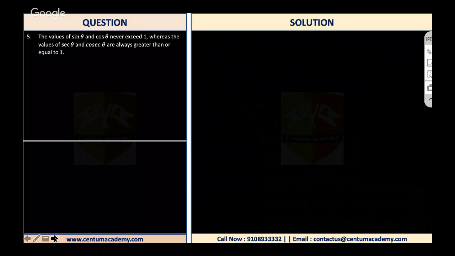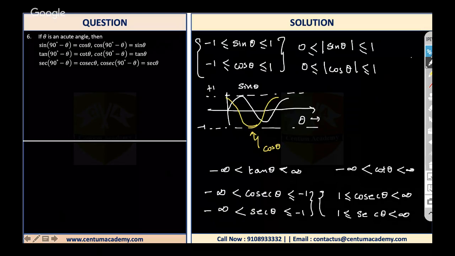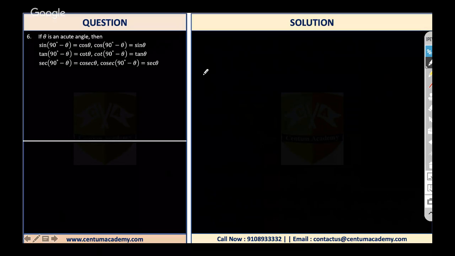Next is the complementary angle question. What is a complementary angle? In a triangle, and it's very easy to prove also, what is sine 90 minus theta?